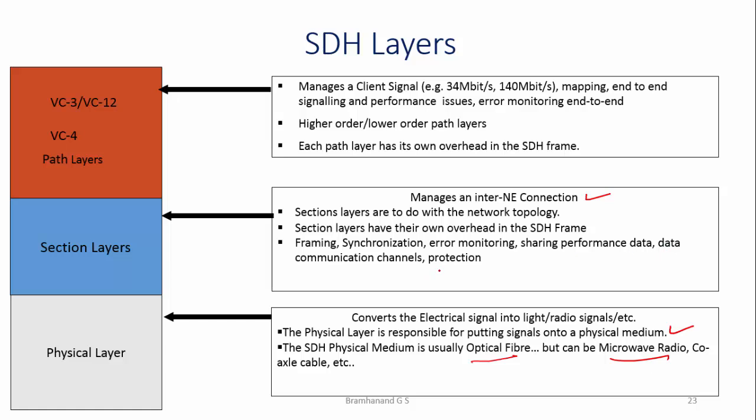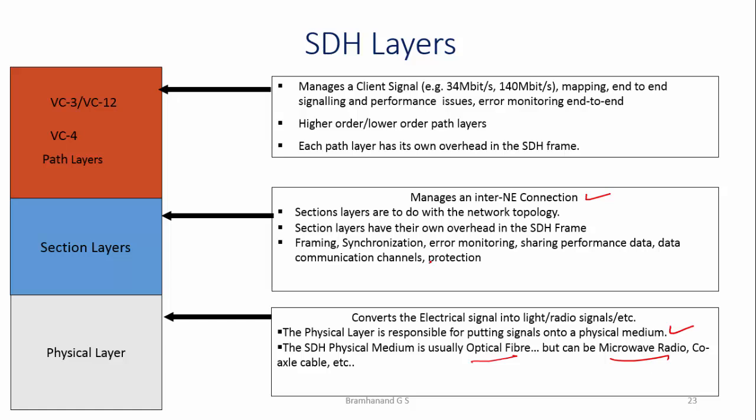They also provide data communication channels, which are used for managing the entire network from the network management layer, and that is also supported by these section layers. Section layers are also very helpful when you want to protect your paths. Protection is one of the key functions of section layers.